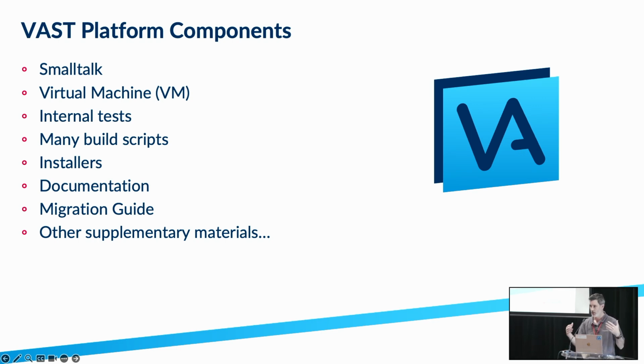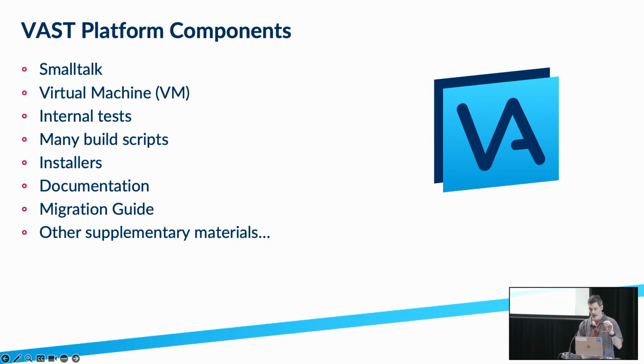We have a lot of internal tests of multiple types, as I will explain later. We have a lot of build scripts to build the products, and for many CI related things. We have installers for both Windows and Linux. We have documentation, migration guides, and many other things. So the thing is that when you think about VAST, it's not just the language, it's the whole thing that's surrounded.